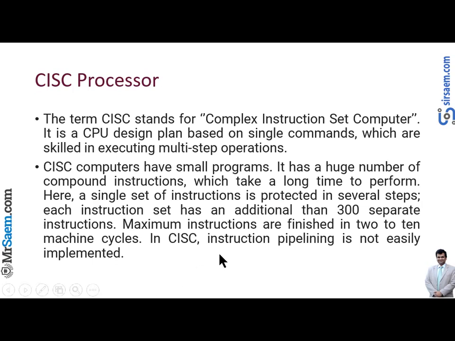In CISC, instruction pipelining is not easily implemented. Why would that be so? Why can't we implement a CISC instruction pipeline? Each different instruction will take different cycles, so the overlap is not exact.